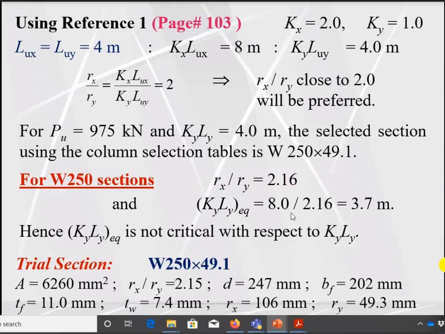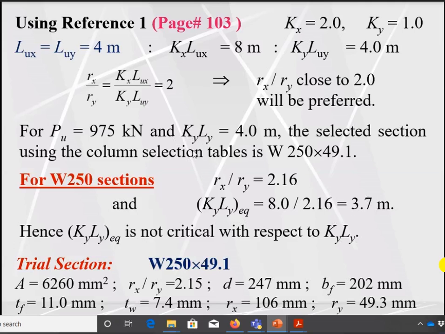Now at this moment you need to listen carefully. If KyLy equivalent comes out to be less than KyLy, the actual effective length about the y-axis, then the section that you have already selected is the final selection. You don't need to revise it. But if KyLy equivalent comes out to be more than KyLy, then you need to select another section based upon KyLy equivalent.